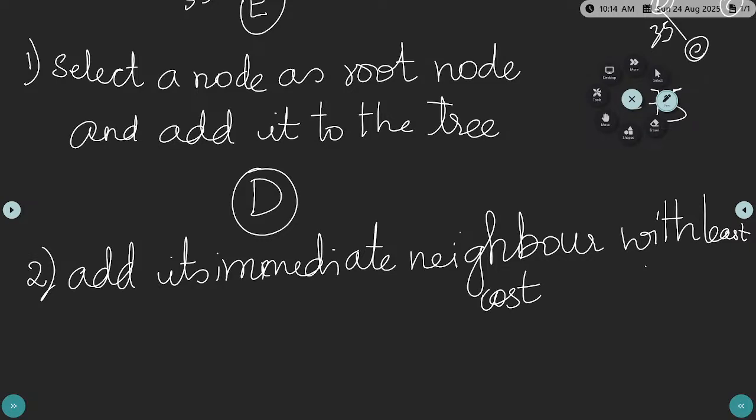For D's immediate neighbors, evaru unnaru chudandi. One is A, one is C and one is E. Now which is the least cost here? D to A is the least cost, 20. Chudandi, right? Now I am writing D to A and its cost is 20. Ayipayina? Next, have you completed till here?